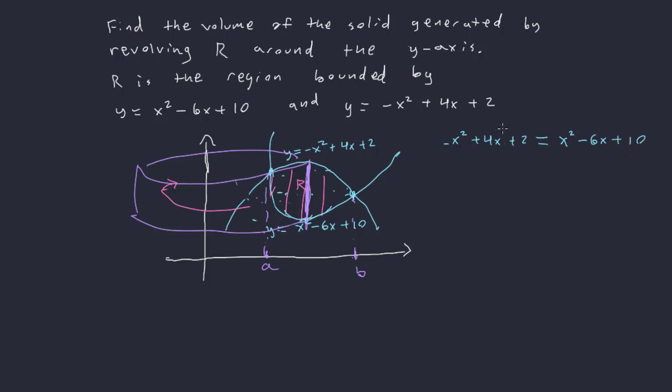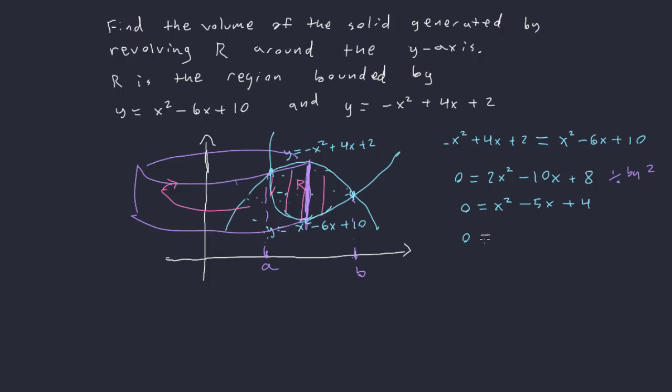All right, so I'm going to move everything over to this side so that I get 0 is equal to 2x squared. I'll subtract the 6, so it'll be minus 10x, and I'll subtract the 2, so it'll be plus 8. And then I'm going to divide everything by 2 just to simplify this. So we get 0 is equal to x squared minus 5x plus 4.